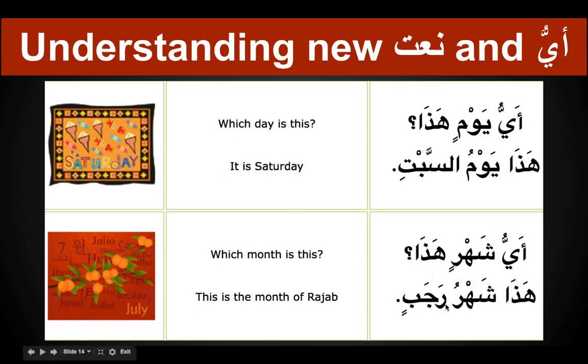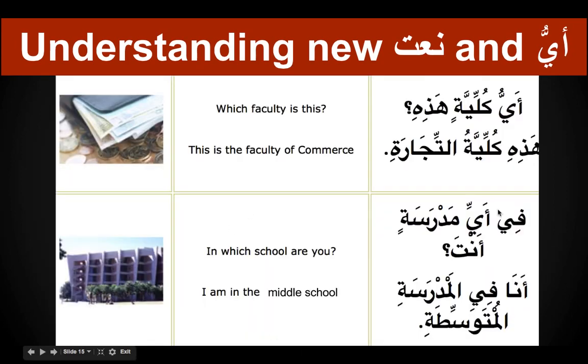Hada shahru rajabin. هذا مبتدا, شهر خبر وهو مضاف, رجب is مضاف إليه. هذا شهر رجب. أي كلية, which faculty is this? هذه كلية التجارة, this is faculty of commerce.